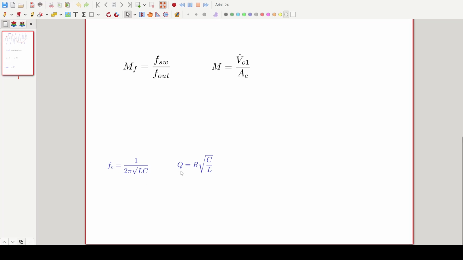We can get it easily by considering the Q factor of the filter, which is just the resistance times 1 over the characteristic impedance of the LC circuit, which is the square root of C over L. So the Q factor is very important for filter design.